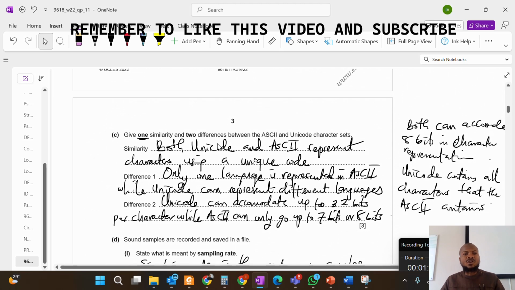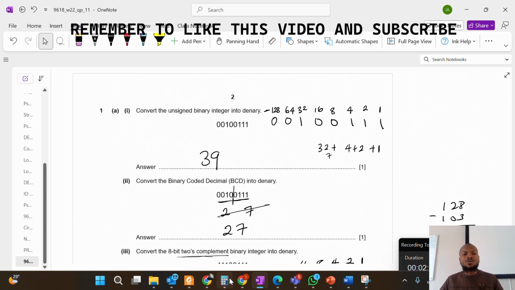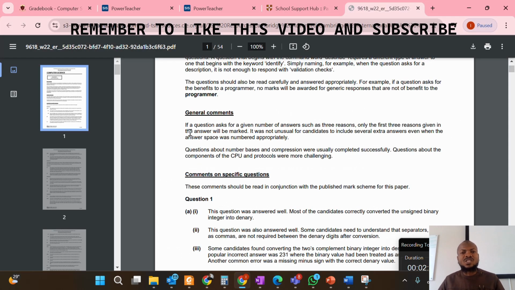Is that understood? Another thing is stating one similarity. Instead of stating one similarity, you see students writing the definition of Unicode, or some stories about Unicode, or about ASCII and what ASCII is used for, instead of writing the similarities. After writing that, they will then start writing one similarity and the differences. I hope you understand that. So the examiner states that if a question asks for a number of answers, such as 3 reasons, only the first 3 reasons will be marked.